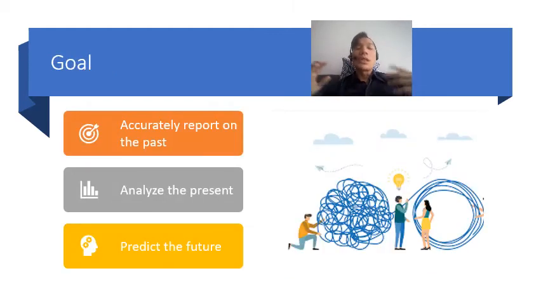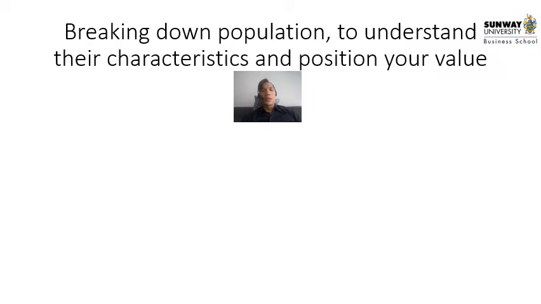So the goal, when we find and extract all this data, is to get a pattern so that we can accurately report on what has happened in the past, analyze the present intelligently, and build models that can predict the future accurately. Breaking down the population will help you to understand the characteristics and position your value.